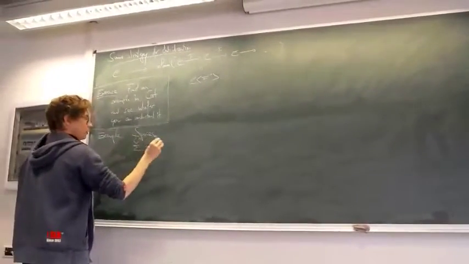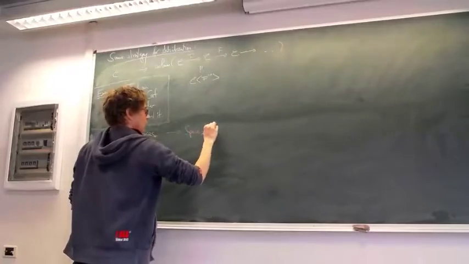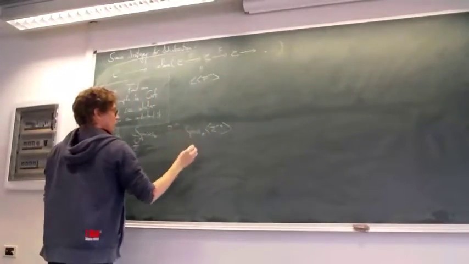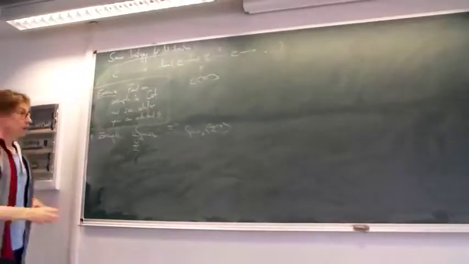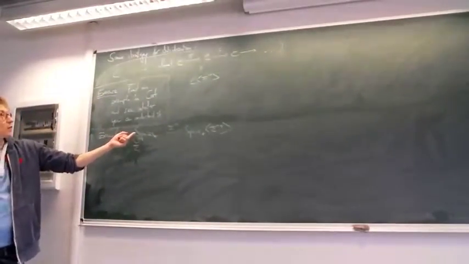So when I was checking out the example of spaces and the suspension endofunctor, I want to invert this one. So spaces are not just any category, it's a very good category.